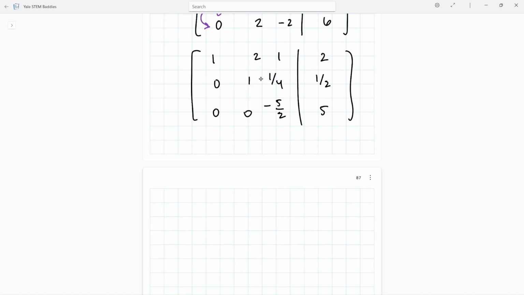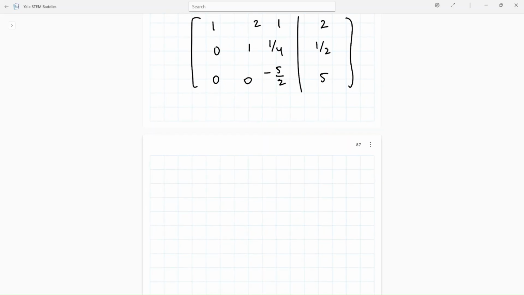And now let's go over a column, down a row to this entry here, -5/2. We want that to be a 1. And what can we scale that row by so that this becomes a 1? Well, we can multiply that by its reciprocal.